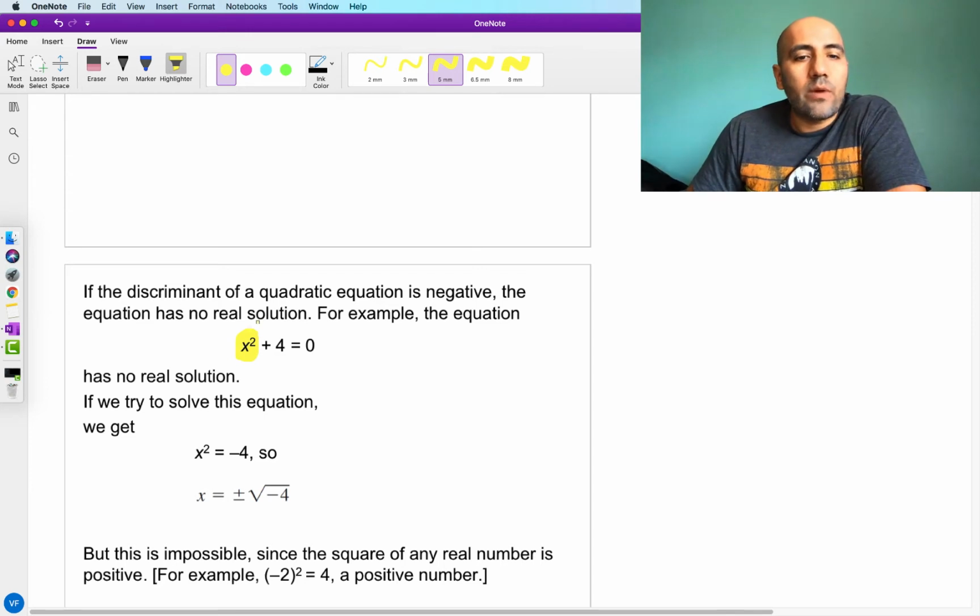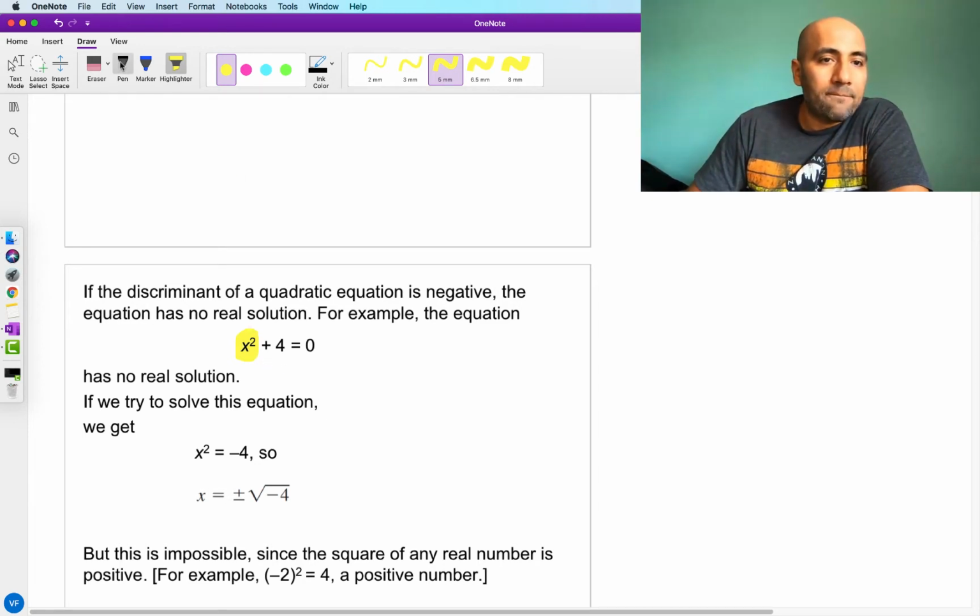But whenever we square something, the output is always positive or 0. It could never be negative. So there's no way to get a true statement out of this, right? That should be pretty easy to see early on. And that's why we needed to invent a new set of numbers, something that would help us answer something like this in some kind of way.